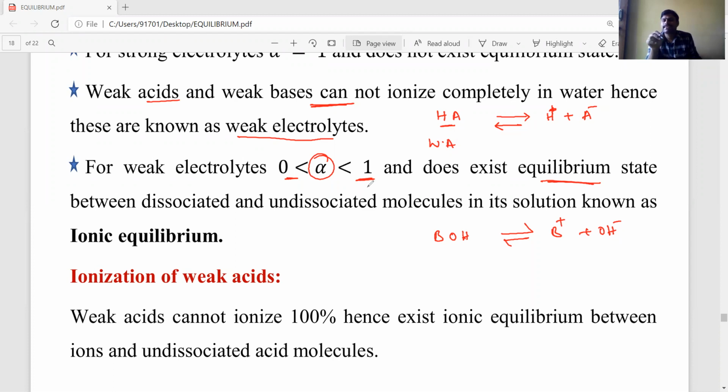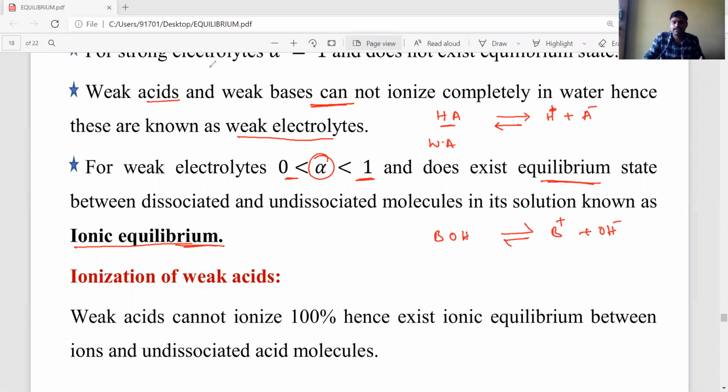In weak acids and weak bases, the dissociated molecules and undissociated molecules exist in an equilibrium state. That equilibrium state is known as ionic equilibrium. What is ionic equilibrium? In weak electrolytes like weak acids and weak bases, the dissociated and undissociated molecules exist in equilibrium, and this is known as ionic equilibrium.